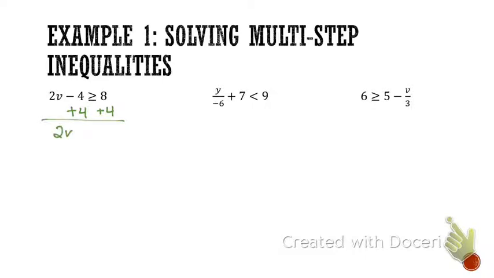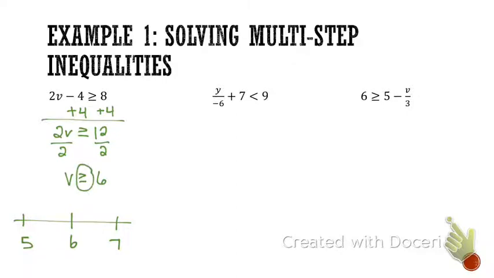2v is greater than or equal to 12. Divide both sides by 2, and v is greater than or equal to 6. All right, that's about as straightforward as it's going to come in this lesson. So then we just plot our graph. All right, and remember, you're going to have a symbol in your options at the bottom of your screen that will match greater than or equal to.